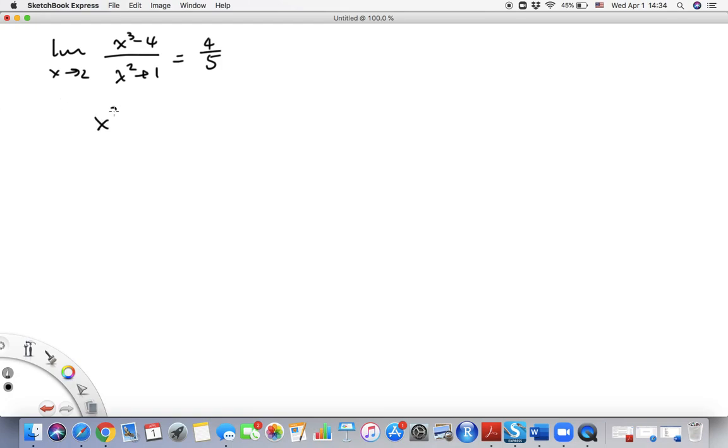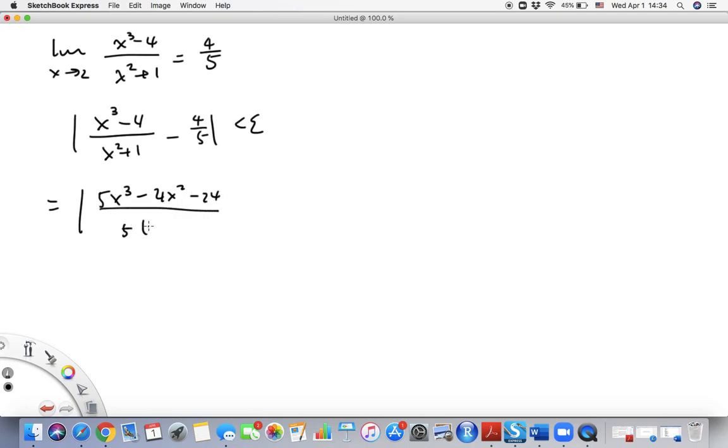We want x cubed minus 4 over x squared plus 1 minus 4 over 5 to be less than epsilon. So you can simplify this. Here I'm just combining the two terms, nothing special, no tricks involved.